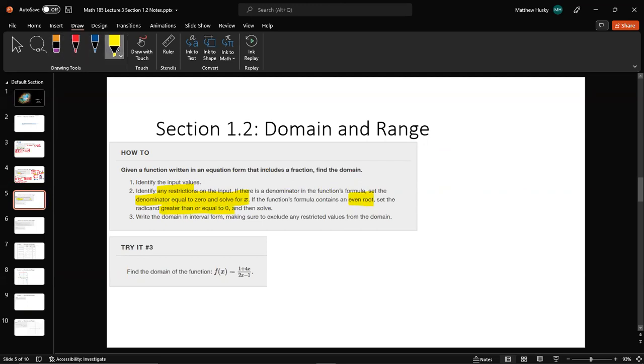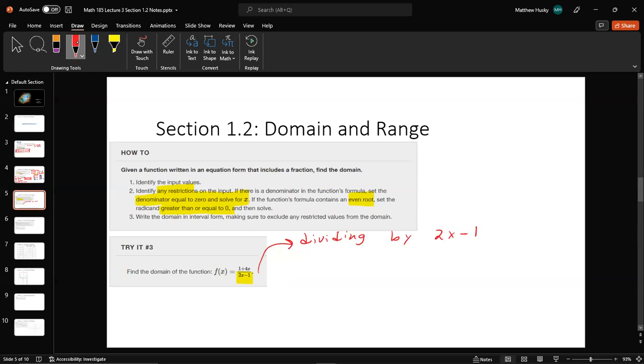So here's what you'll notice. For this function, we've got 2x minus 1. What that means is we are dividing by 2x minus 1. And like I was saying earlier, you cannot divide by 0.